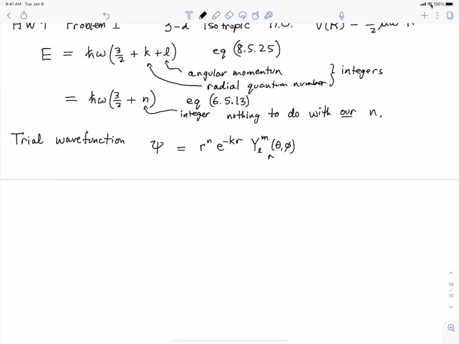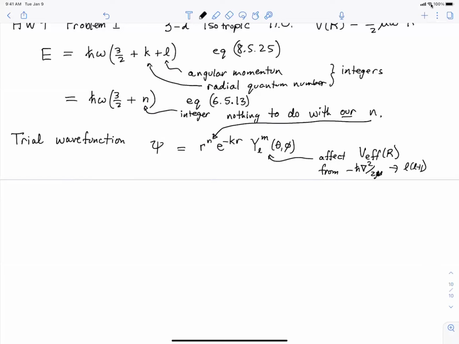And so that spherical harmonic is just there to affect the effective potential. Okay, and so from the kinetic term, or I guess I called it mu, that gives you an L times L plus 1 dependence. Okay, but this n in the trial wave function is just a completely conceptually different thing from the n that appeared in this other equation.